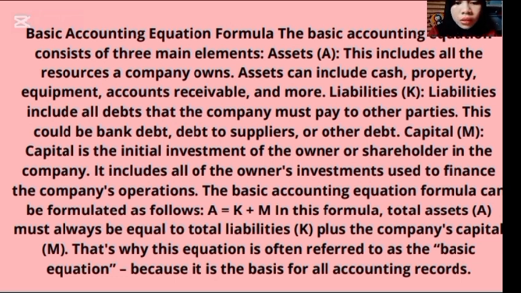Liabilities include all the debts that a company must pay to a third party. This could be bank debt, debt to suppliers, or other debt. Capital is the initial investment of the owner or shareholder in the company. It includes all of the owner's investment used to finance the company's operations.